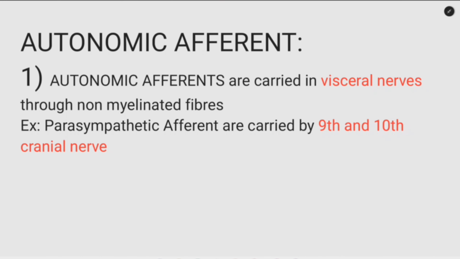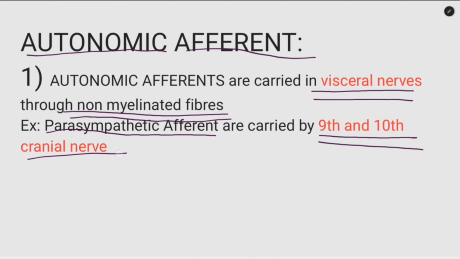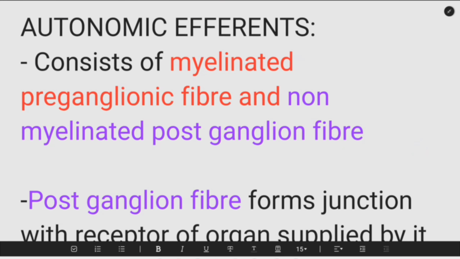We will discuss autonomic afferents first. Autonomic afferents are carried in visceral nerves through non-myelinated fibers. For example, parasympathetic afferents are carried by the 9th and 10th cranial nerves. We are done with autonomic afferents.